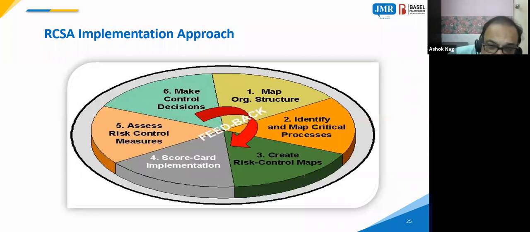Then there could be scorecard implementations. How do you combine your control assessment process into a single measure of the overall health of a branch? There could be a number of controls for the branch manager. Can I do aggregations? Because if you take too many details and don't have an aggregate picture, you cannot take broad actions at a higher level.